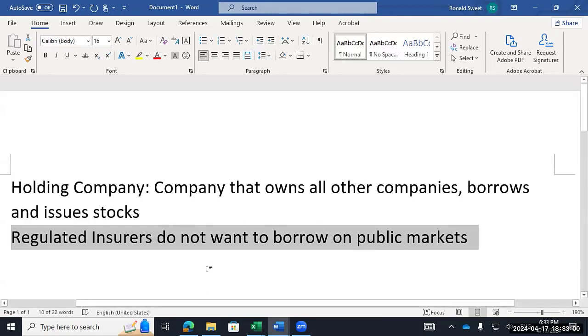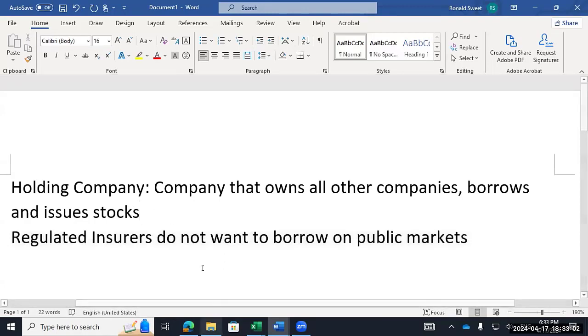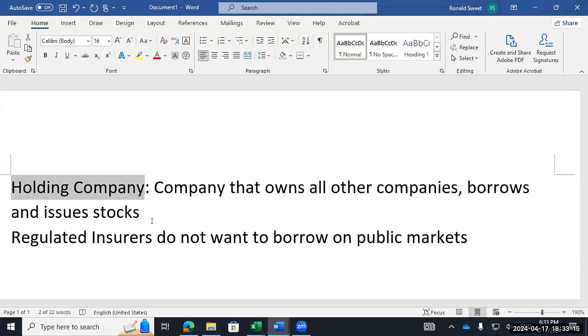So Allstate has a holding company. I'll show it to you when I finally get to that schedule. How in the world does USAA have a holding company? Because USAA's top company is a regulated insurance company. Anybody want to guess where USAA's holding company is? I worked for that company for like 8 years. For Allstate, it's going to be the top company.